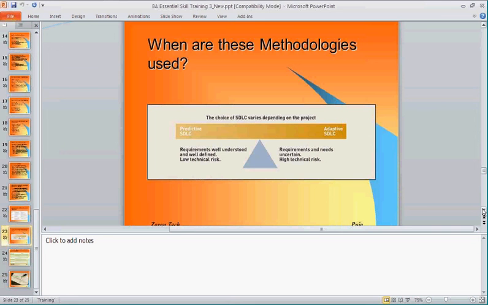If you're okay with some technical risk, but you want a little adaptive, then what is the approach? Spiral. Right? Correct?